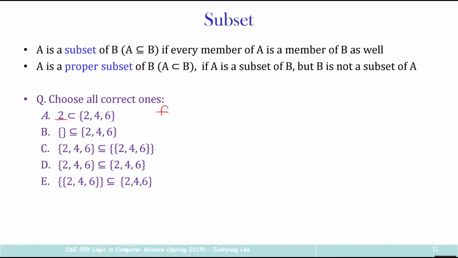So is empty set a subset of 2, 4, 6? And the idea is apply the definition that is given there. When you say one set is a subset of another, then every member that belongs to A is a member of B.